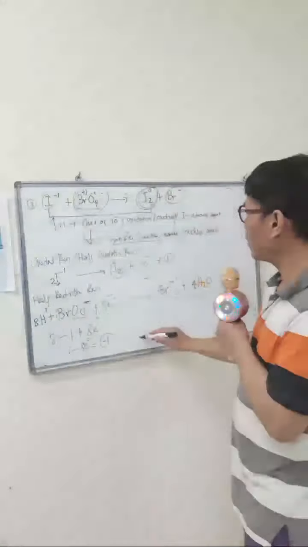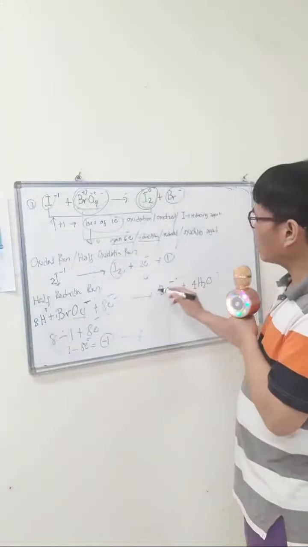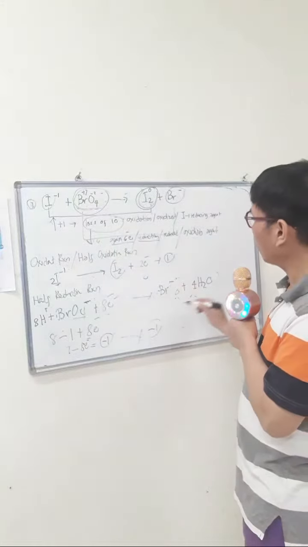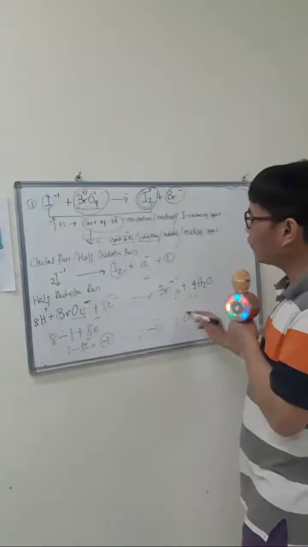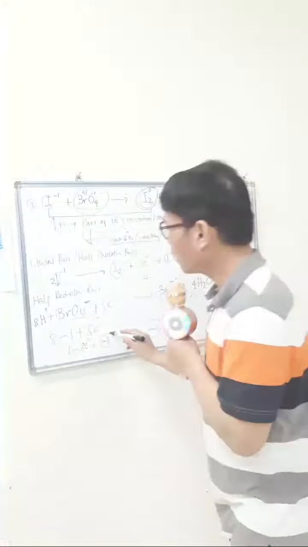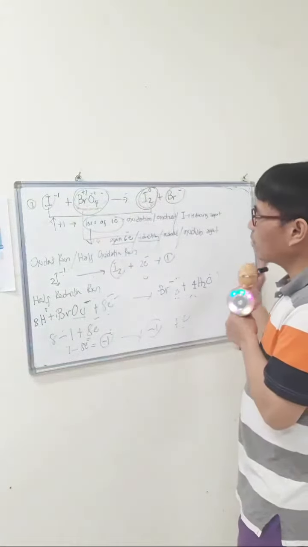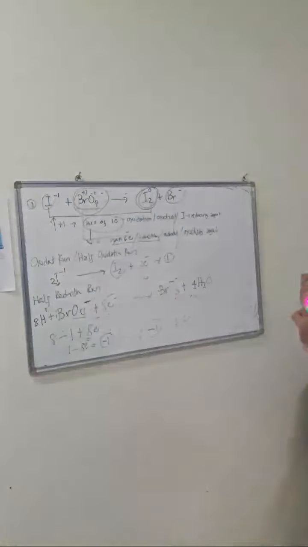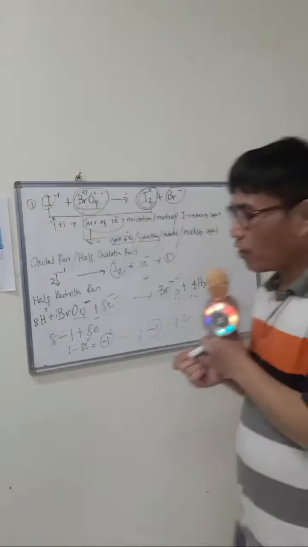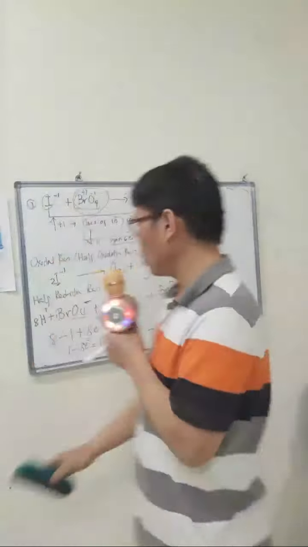Here on the other side, negative 1 times 1 is negative 1, and 4 times 0 is 0. So perfect, balanced. Negative 1 total net charge of the reactants and also negative 1 in the product. So balanced. Proceed now to your overall redox in acidic solution.